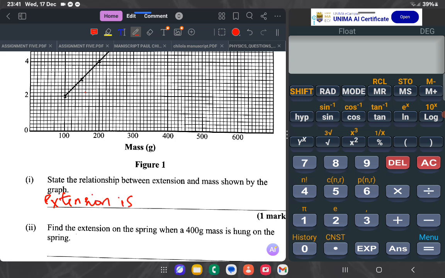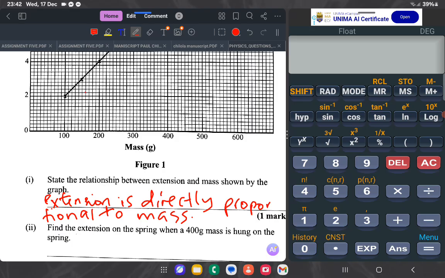Since it's a straight line, you'll say that extension is directly proportional to mass. That's the relationship, meaning that as mass increases, extension also increases.